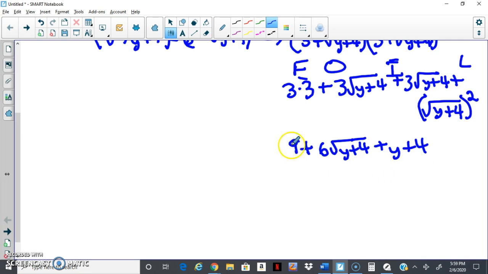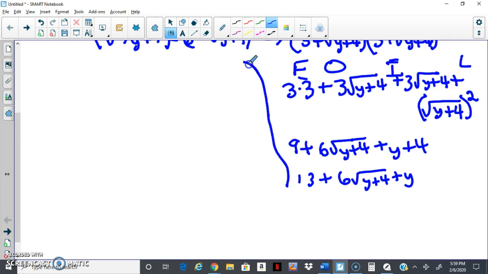Okay, and then we want to collect like terms, so the 9 and the 4 can go together, so we get 13 plus 6 root y plus 4 plus y. And now this is what's going to go back into the equation up here.